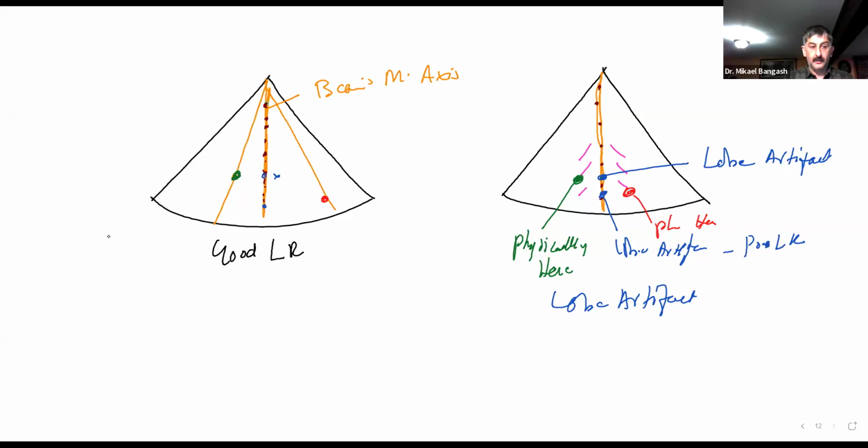Or likewise, if this thing, which was here, appears here, it's again poor lateral resolution. What caused this to appear here? Well, these reflections here are picked up by the lobes produced by the beam and perceived to be in the wrong position.